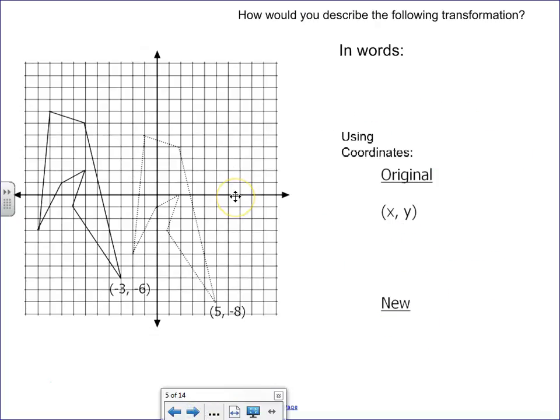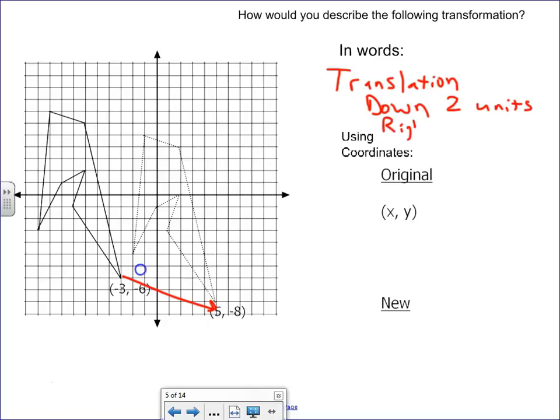Another example, how do we describe this one? Well, this figure, notice there's no arrow to indicate which way it's going, but the image is dashed. So typically the image will be a dashed figure. We can see that it's going down and to the right. So translation. We're going down how many units? From -6 down to -8 is down 2 units. And we're going right.